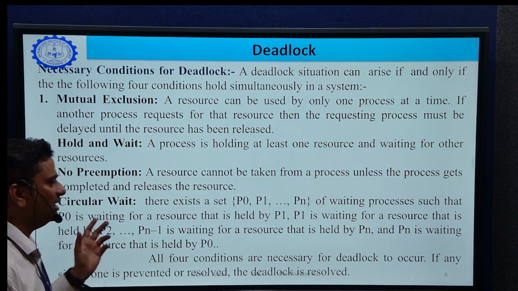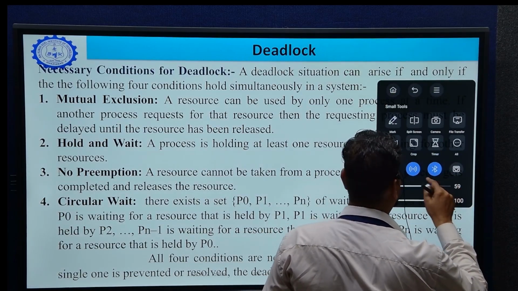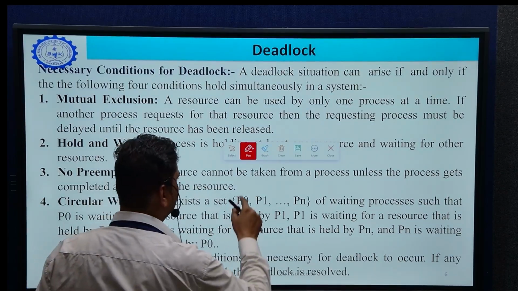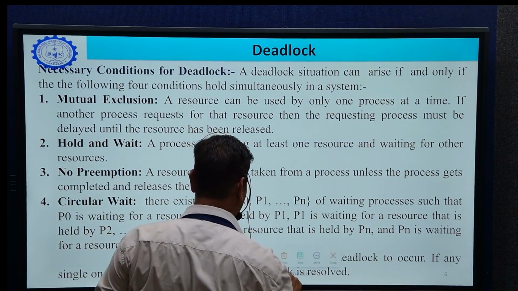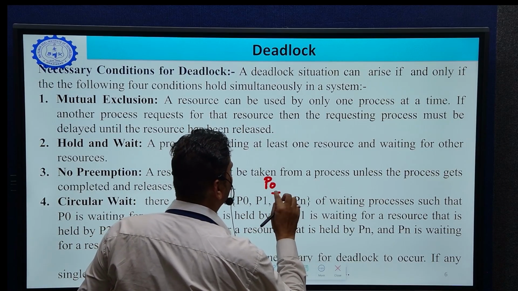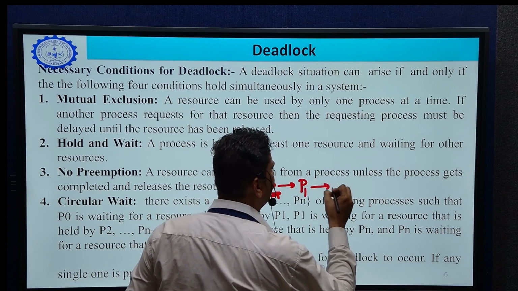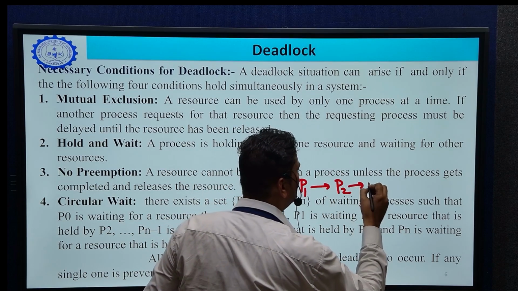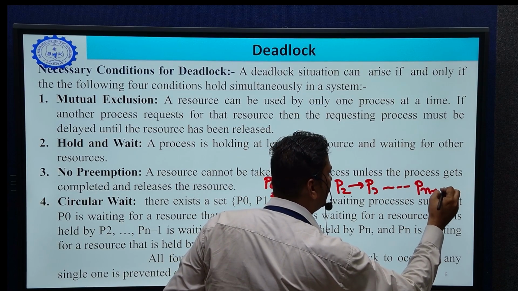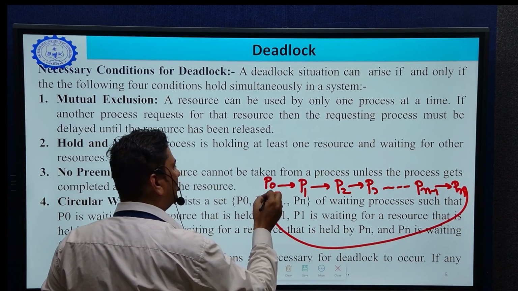Now circular wait. What is the meaning of circular wait? Circular wait states that process P0 is waiting for P1, P1 is waiting for P2, P2 is waiting for P3, and so on, Pn minus 1 is waiting for Pn, and Pn is waiting for P0.